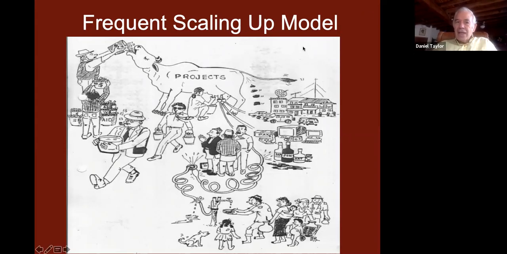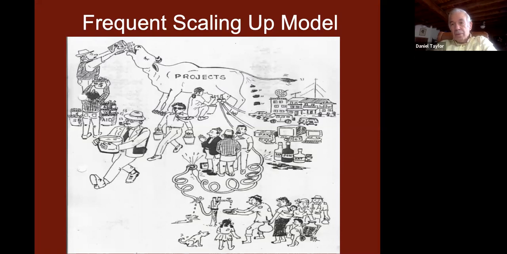is this idea that you start a project, you feed it money, you milk the project for good things, and positive change scales up. The more money you put in the front end, the more milk comes out the bottom end.